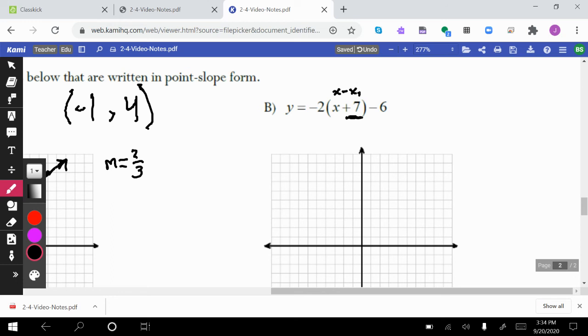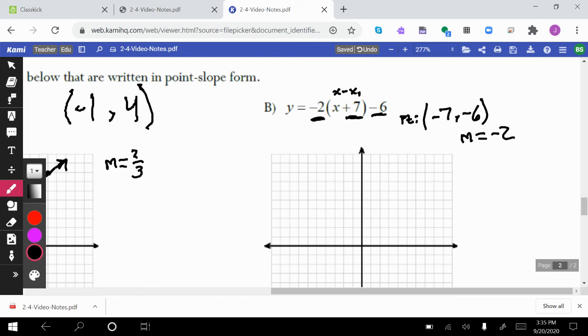So that plus 7 comes from doing x minus negative 7. So our point is actually negative 7. And then we have negative 6. Our slope is just negative 2, right? Because that comes from right here.